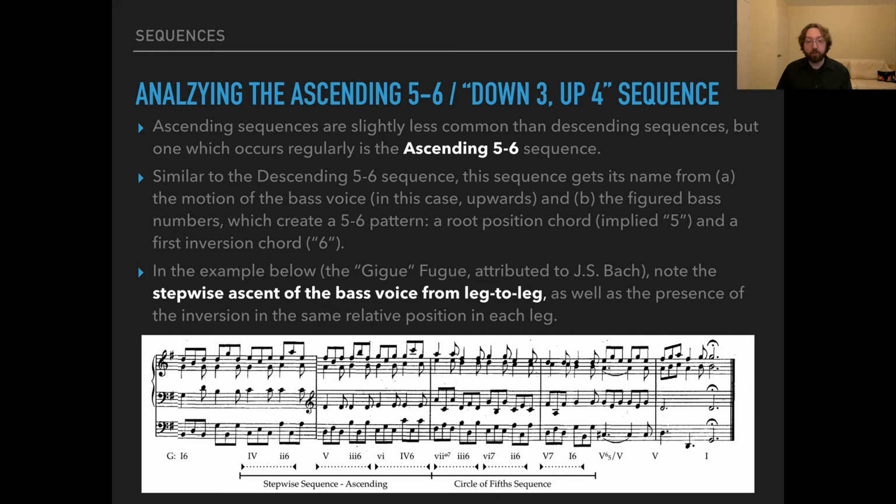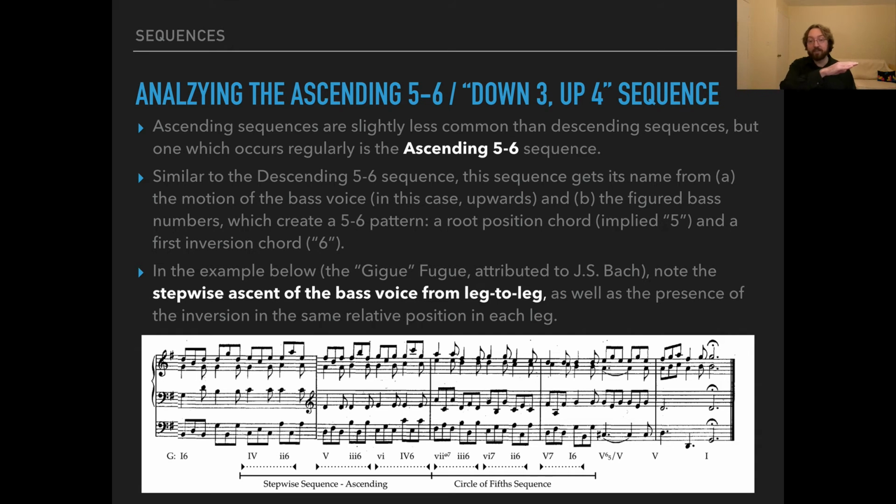First, we have a 1-6 chord, and then our sequence begins, outlined below with the dotted lines, a 4 going to a 2-6. So there's our root position chord going to a first inversion chord. Then a 5 going to a 3-6, and then a 6 going to a 4-6.